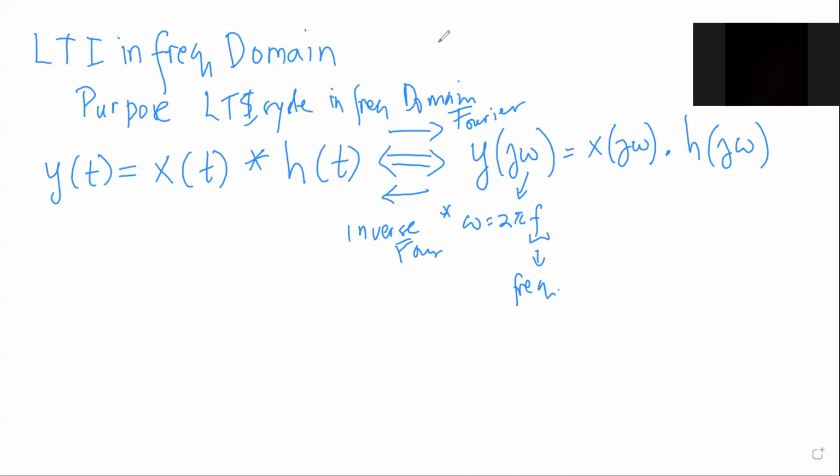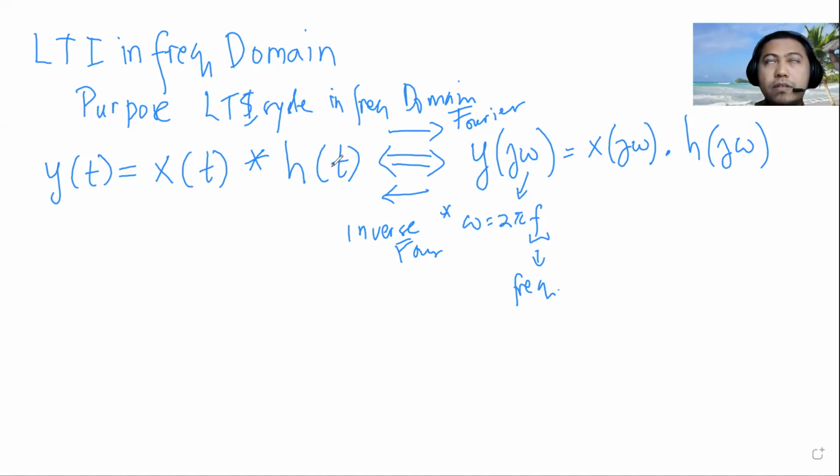So I'm still confused when we are transforming from time domain to frequency domain using Fourier transform. What does the amplitude in the frequency domain mean?